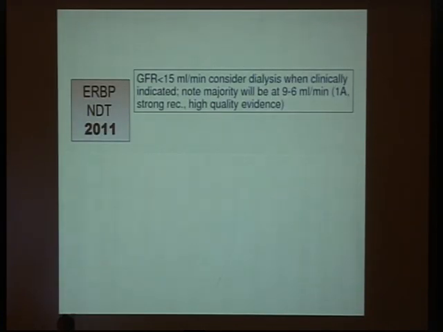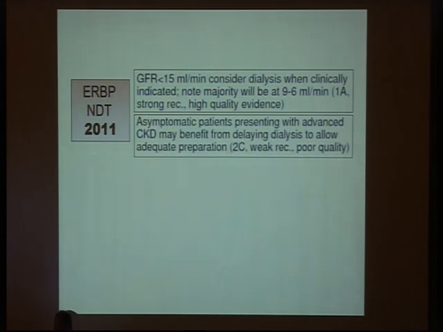And so the guidelines came later, in the European Best Practice Guidelines in 2011: dialysis is considered when the GFR is between 6 to 9. In asymptomatic patients, dialysis is advised to be delayed.